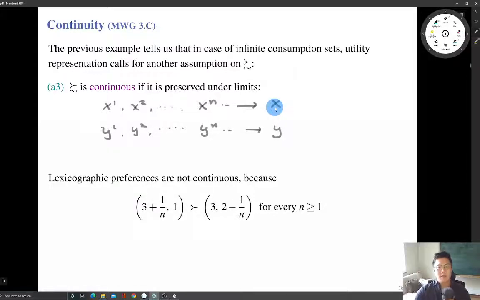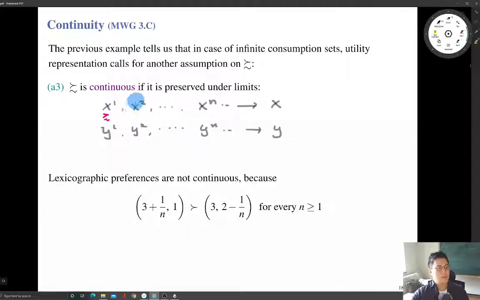And suppose that for each subscript, the consumer thinks bundle x is better than bundle y.